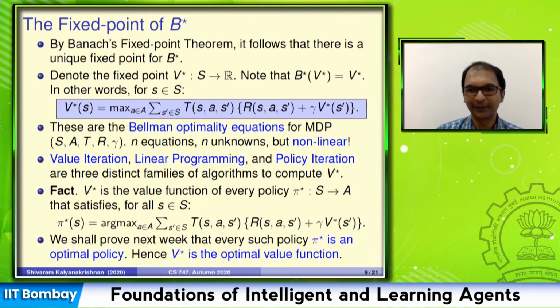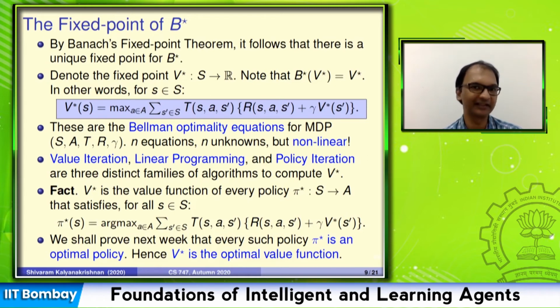Again, by way of summary, we came up to the point saying that B star is a contraction mapping with contraction factor gamma. It operates on a Banach space, and therefore it followed that it must have a unique fixed point. We call that unique fixed point V star, and suddenly there is a lot of light being thrown on V star.